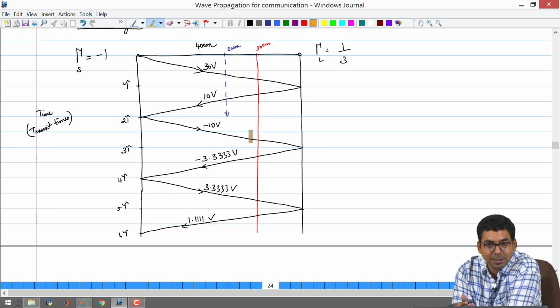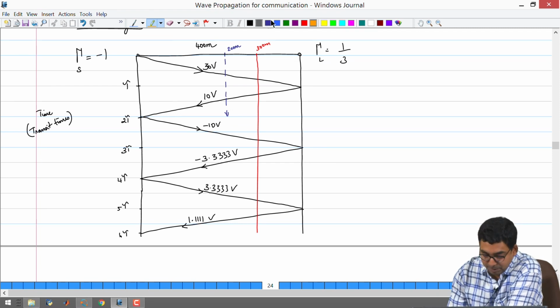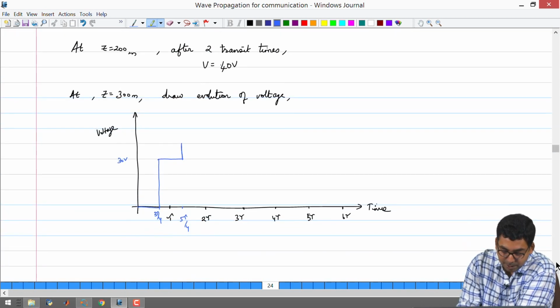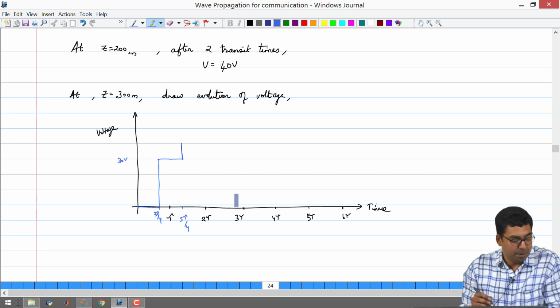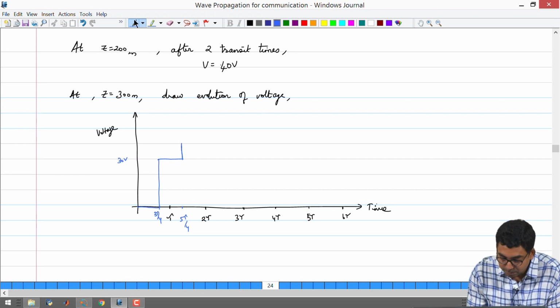So, 1.5 transit times from this place, you will be subtracting the 10 volts. Okay. So, we will take the diagram. From here one transit time will be 6 tau by 4 and half will be 6 tau by 4 plus another something. So, that becomes 1.5 transit times, which is going to be somewhere about here.